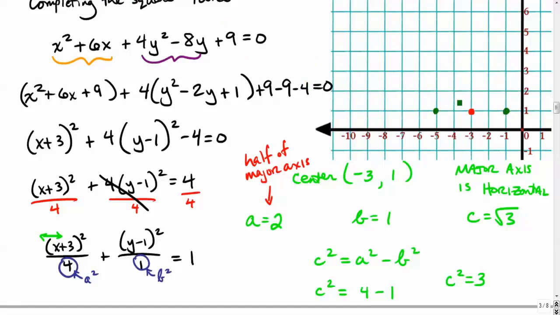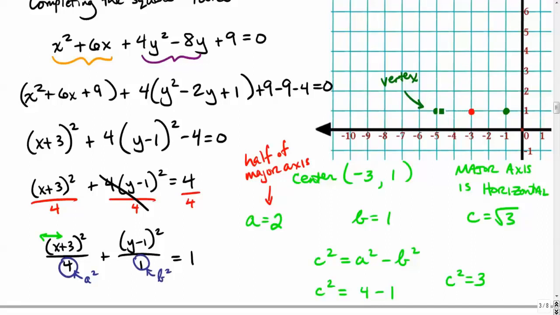So it's 2 units left, 2 units right from the center. And those dark green points are called our vertices. Each one is a vertex, plural is vertices. And the vertices are the endpoints of the major axis.